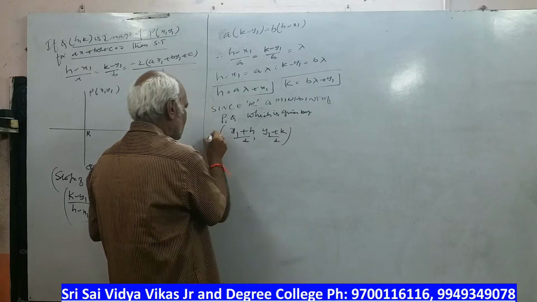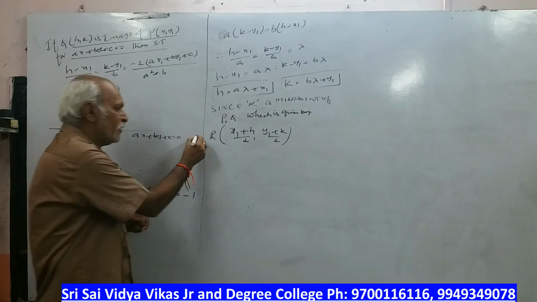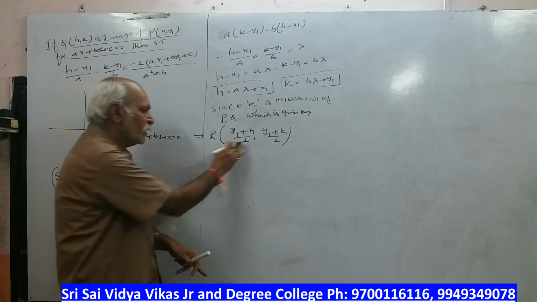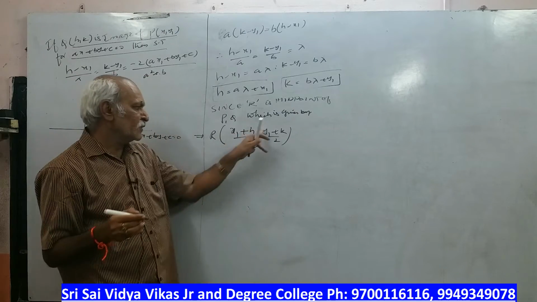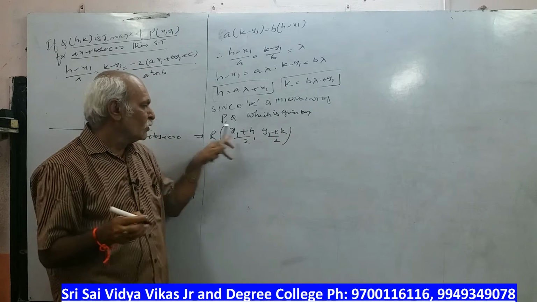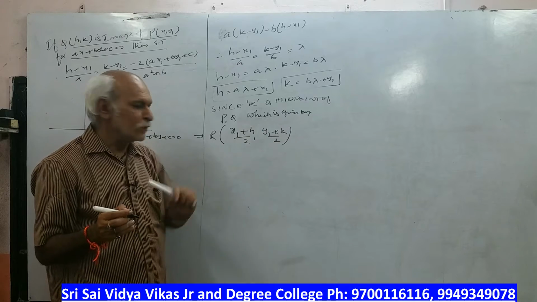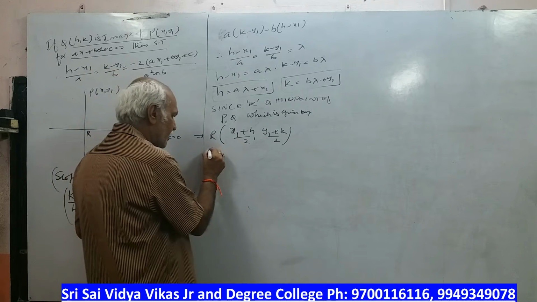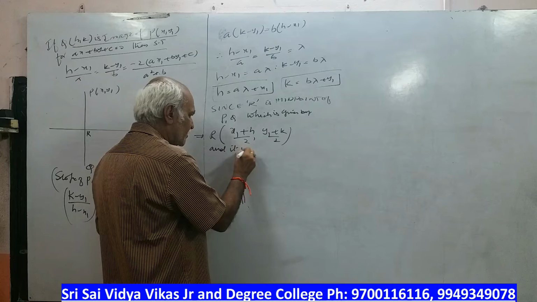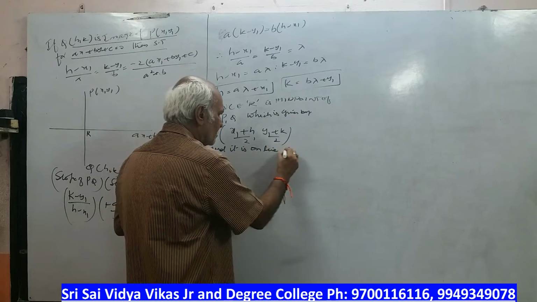How has this come? I have applied x1 plus x2 by 2, y1 plus y2 by 2. So this is clear now, and it is on the line.